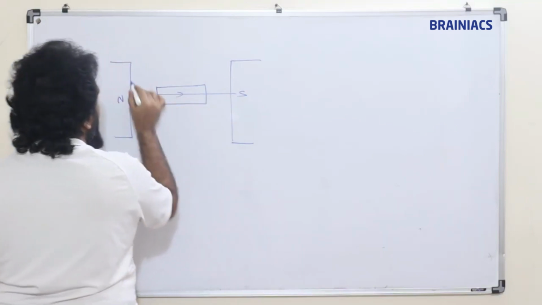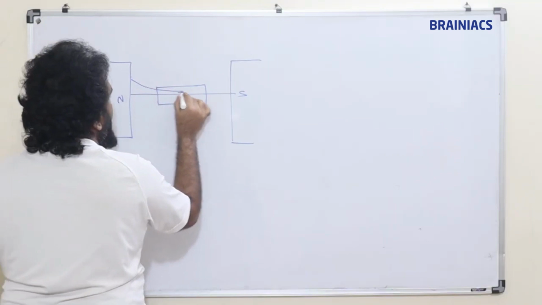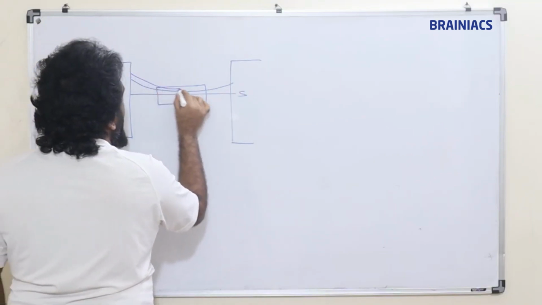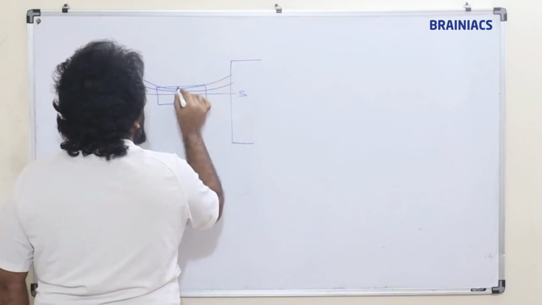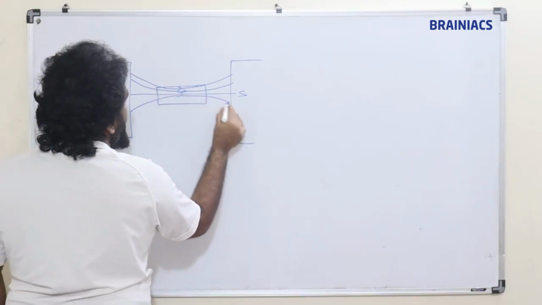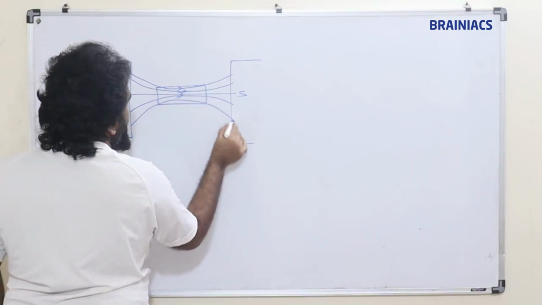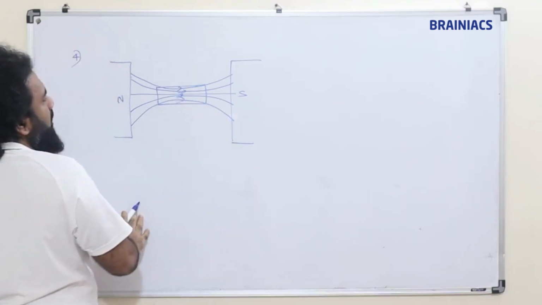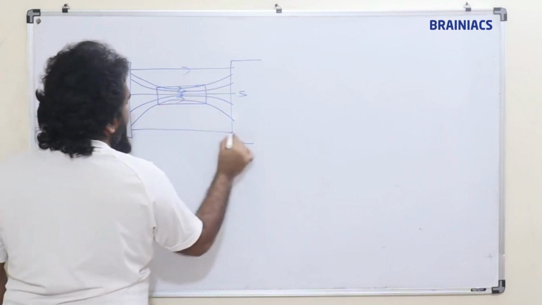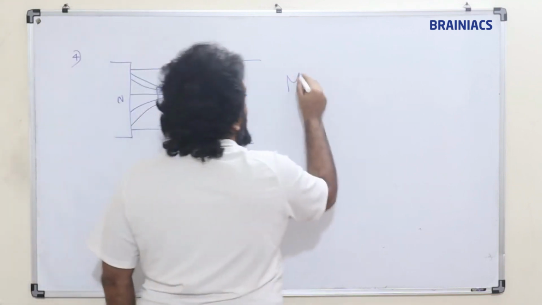This is a magnetic field line, then another magnetic field line, another magnetic field line here again, this is how. So here the magnetic field lines inside the paramagnetic material are denser.